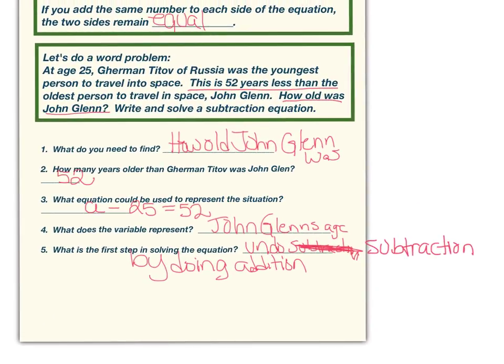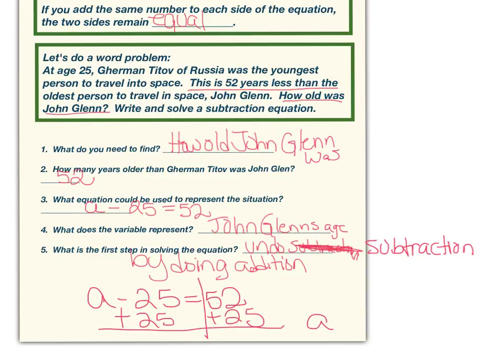Okay, so the first step in doing the equation: A minus 25 equals 52. Draw your river, add 25 to both sides, and then we get A equals 77.